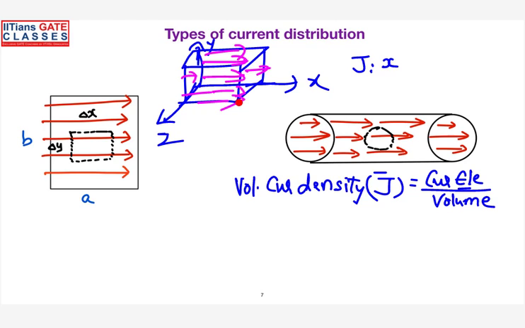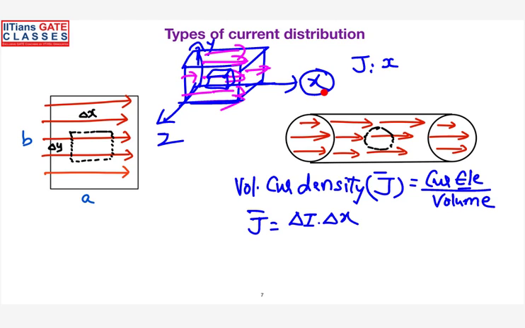You take a small parallelepiped, and the current element is the small amount of current in a length of delta x, because the current density lies along the x direction.